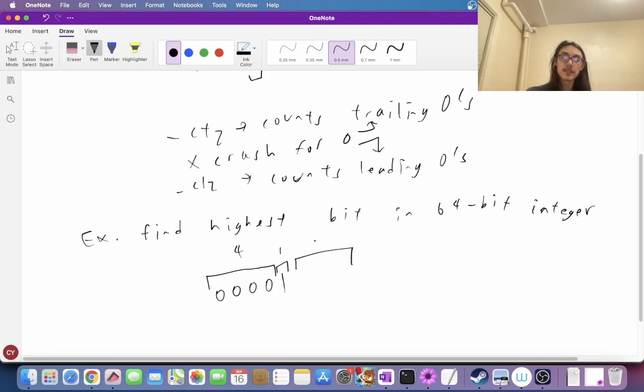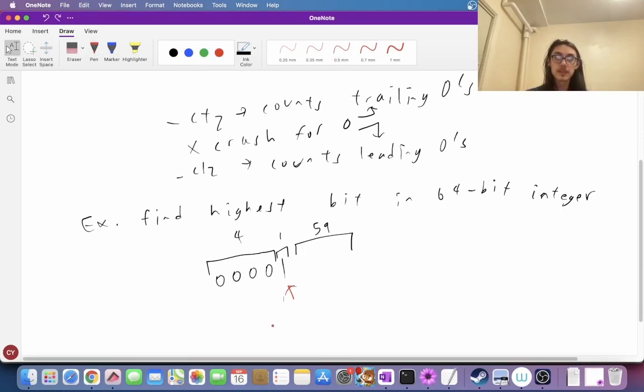In this case, this would be 59 because the whole thing has to sum to 64. But the point is, with the number of zeros, you know the number of zeros in the beginning before you get to a 1. And that 1 is what you're interested in, because it is the highest bit here. There's no higher bit, otherwise you would have gotten something that isn't a 0 beforehand.